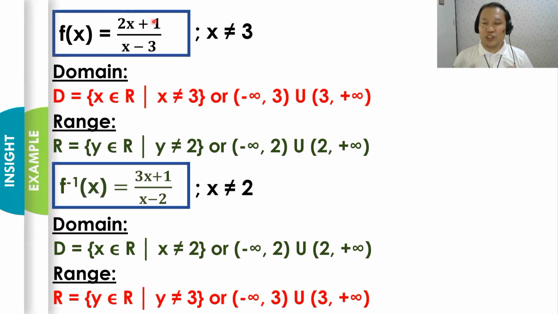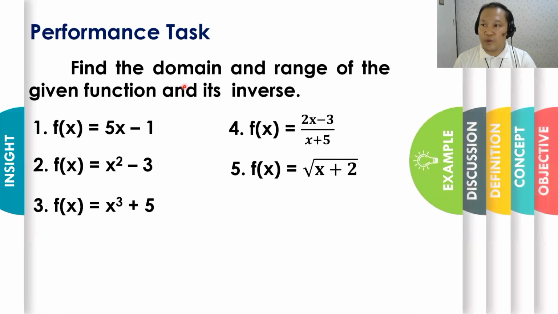That's the relationship we have when we talk about the domain and range of the given function and its corresponding inverse. With that concept, I hope you're able to learn about the relationship and about finding the domain and range of the given function and its inverse.